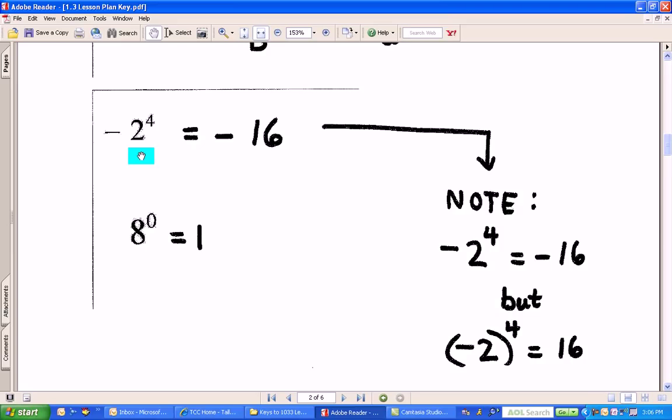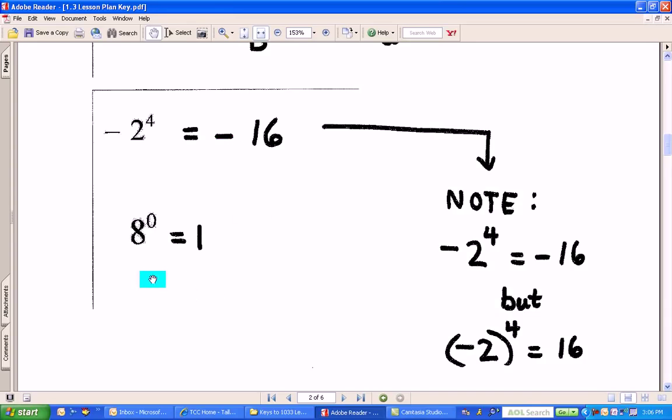That would be 16 if it was negative 2 to the 4th. But this is the opposite of 2 to the 4th. So in this problem, the first thing you do is 2 to the 4th power, which is 16, and the opposite of that becomes a negative 16. Look at my note. Look at the difference between the answers with the parens and without the parens.